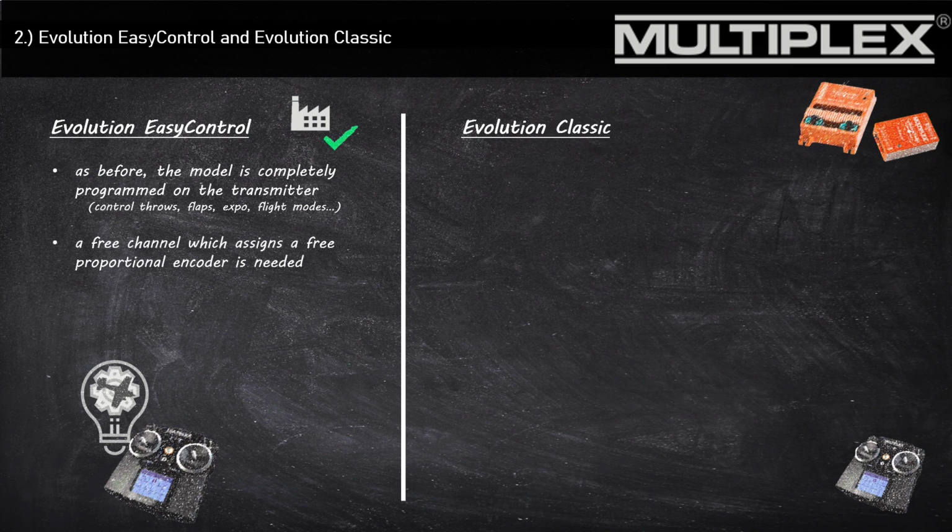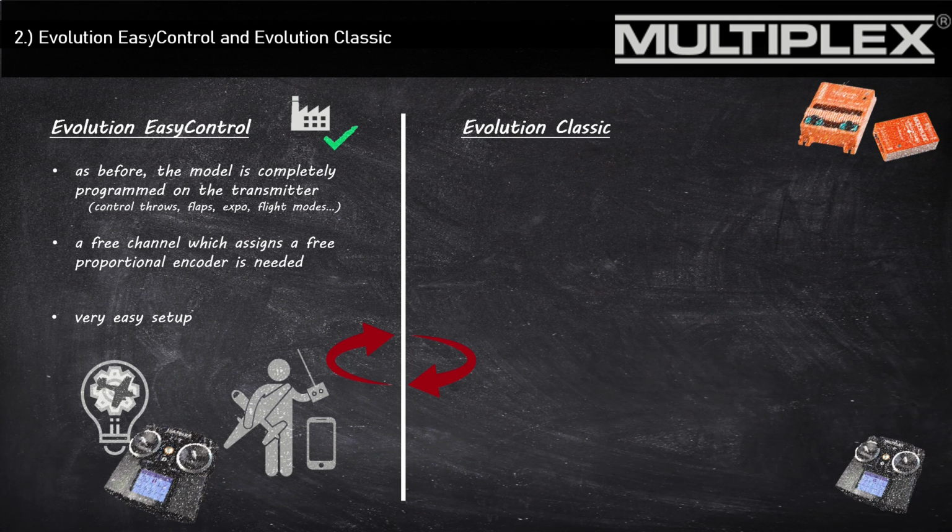You will need a free channel for the gain, and you will have a really easy setup. You won't need your computer, but you can also use the mobile launcher with a smartphone. Like before, you can switch between Easy Control and Classic and also back.